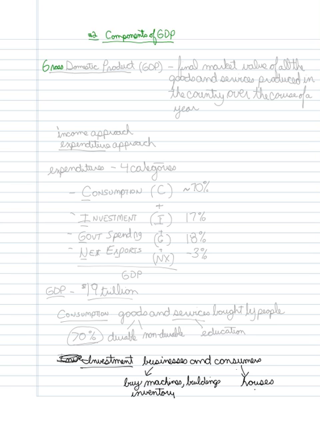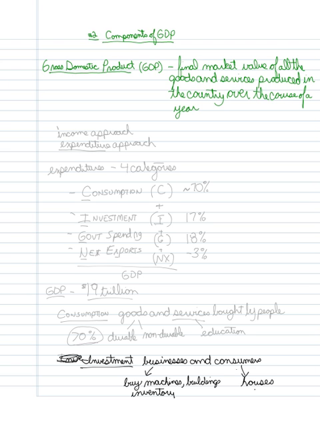So gross domestic product, or GDP, it's the final market value of all the goods and services produced in the country over the course of a year.